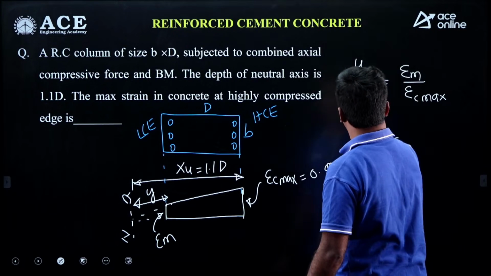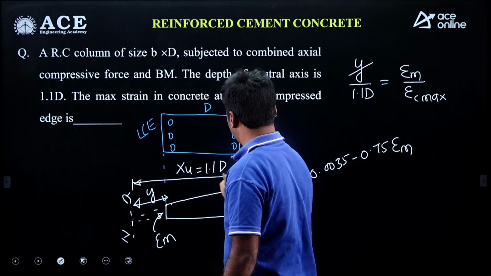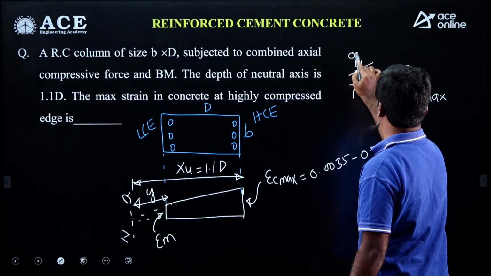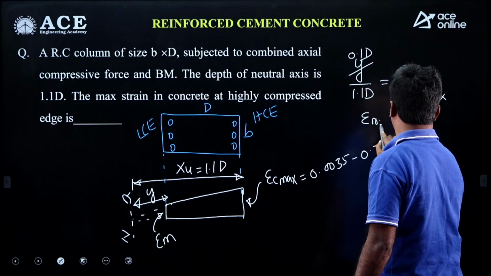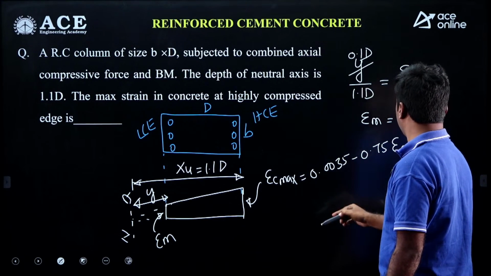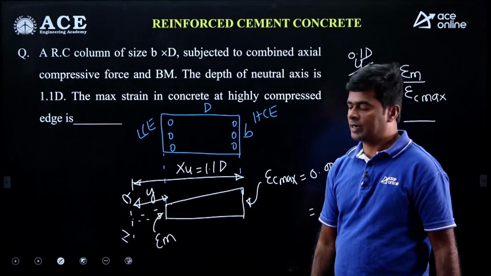The y value: total is 1.1 D, but up to this level it is D, so it is 0.1 D. Let us simplify, you will get epsilon m in terms of epsilon c max, then simplify it, you will get the maximum strain.